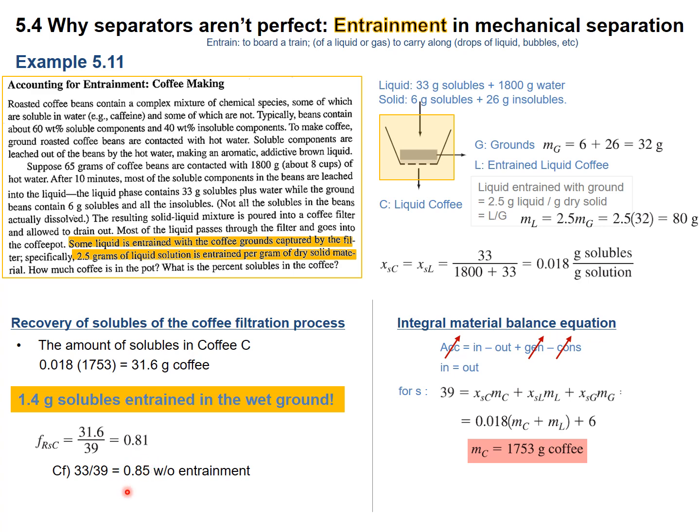Of course, this value is larger than this value. So, entrainment makes our separator non-ideal, and the recovery is going down. And I can say the entrainment is our loss for the desired product.